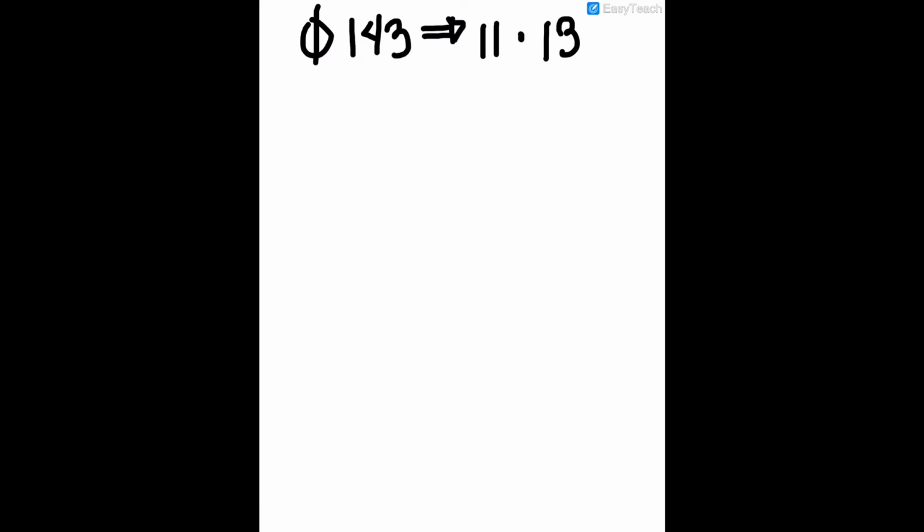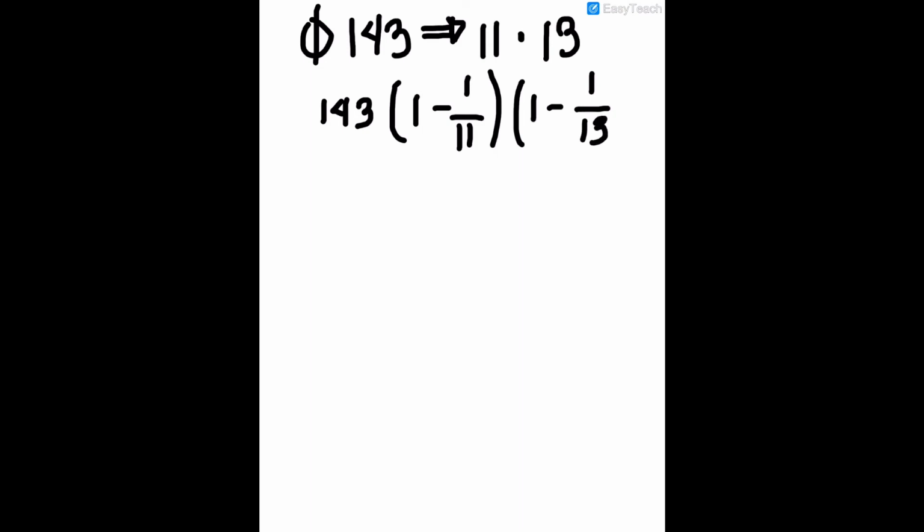To apply the formula, m is 143 times 1 minus 1 over the first prime in the prime factorization, which is 11, times 1 minus 1 over the second prime, which is 13. So next step, multiply 143 times 1 minus 1 over 11 times 1 minus 1 over 13.